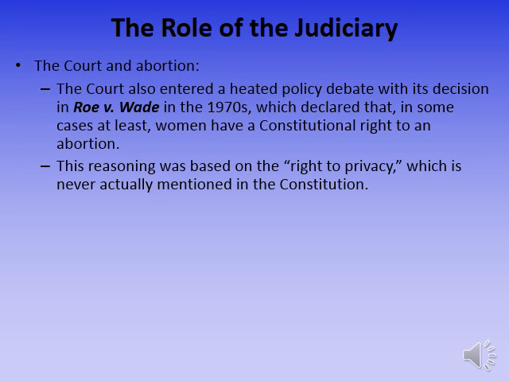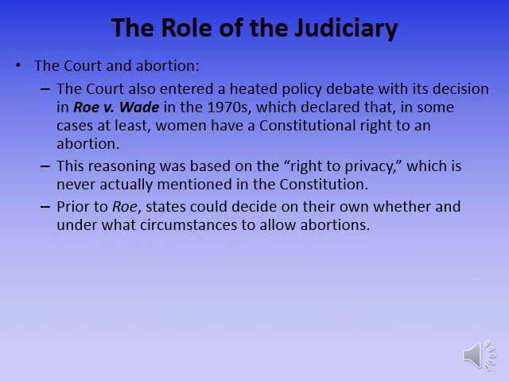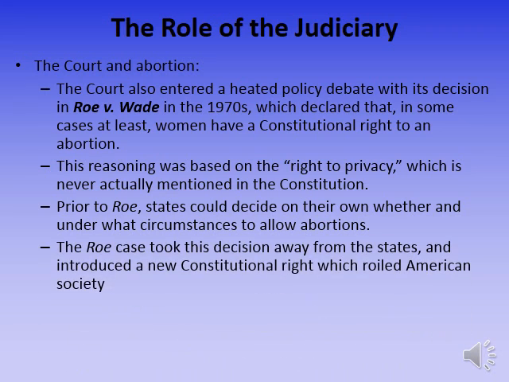But based upon that right, the court legalized abortion throughout the United States, at least in certain situations. Well, prior to Roe, the states could decide on their own whether and in what circumstances to allow abortion. So they could outlaw them, they could allow them. It was really up to the state to decide that, and they could do whatever they felt was right on that.